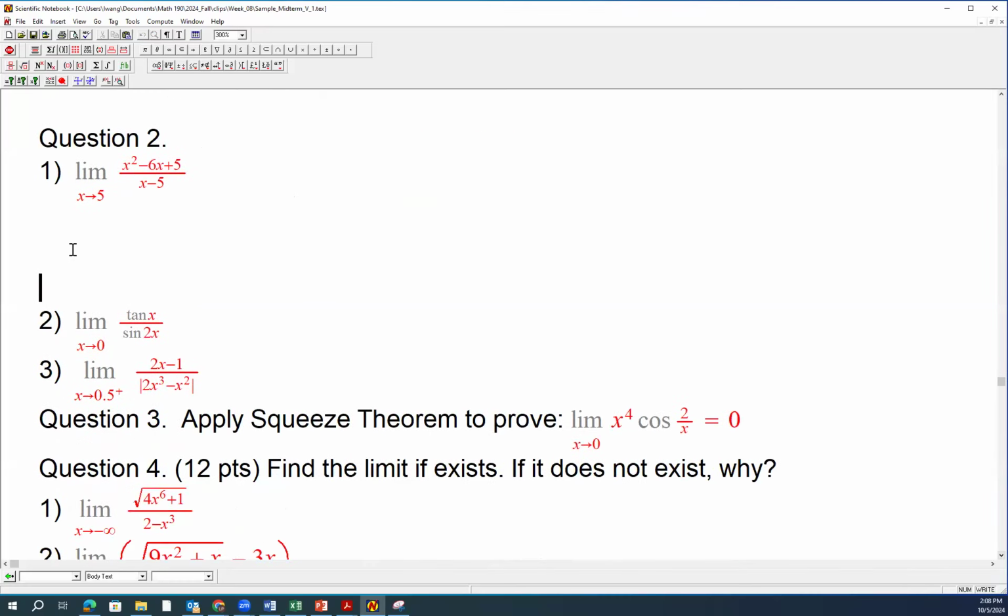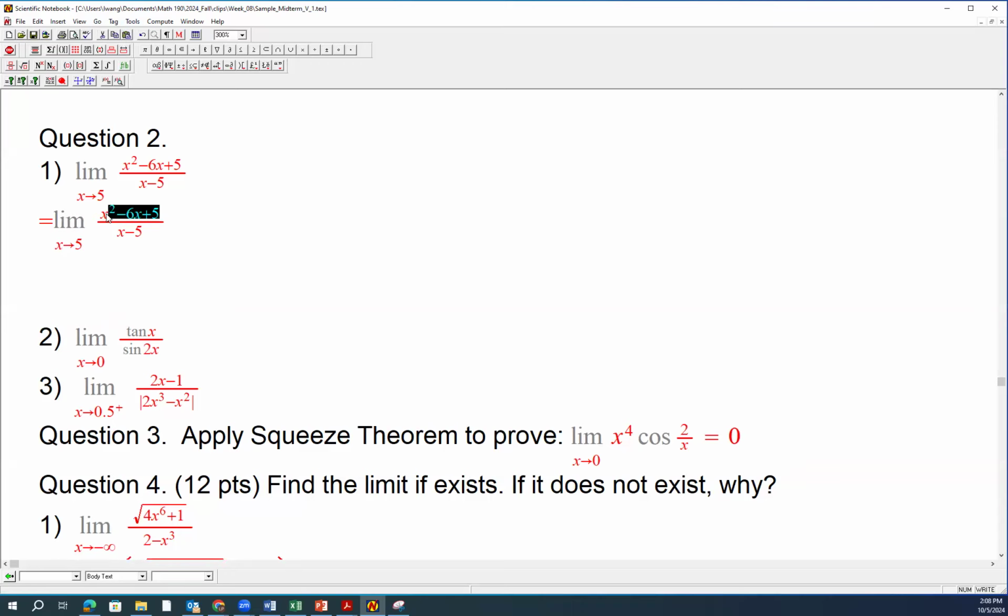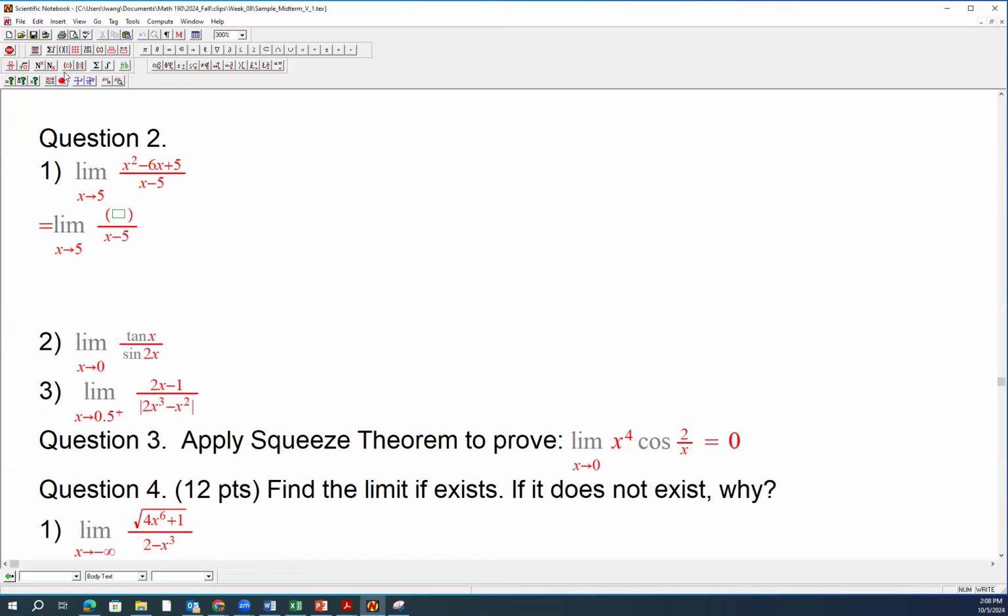Well, by definition of limit, x approaching 5, we cannot apply limit law. Therefore, we apply the factoring technique. So we get x minus 5 times x minus 1.